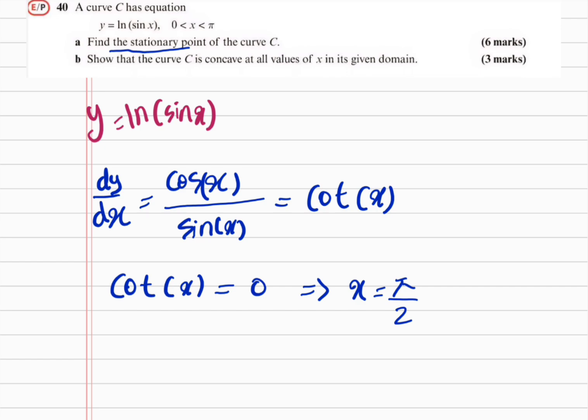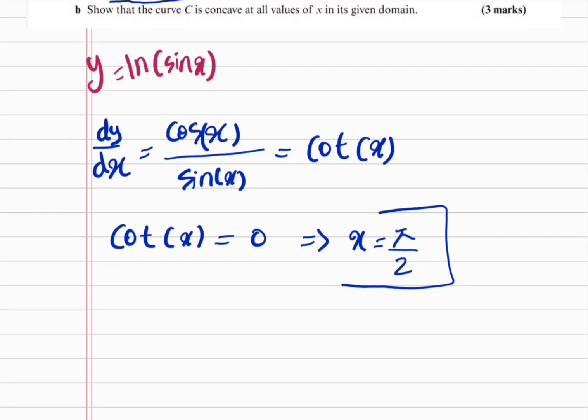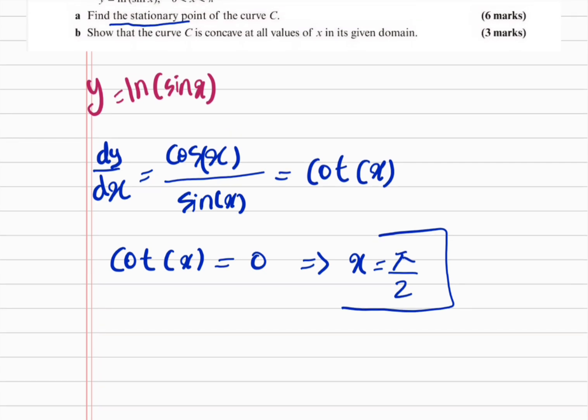And so that's the solution to the equation, and this is the x coordinate of the stationary point. In order to find the y coordinate, we just need to substitute pi over 2 into the main equation, which is ln sine x.